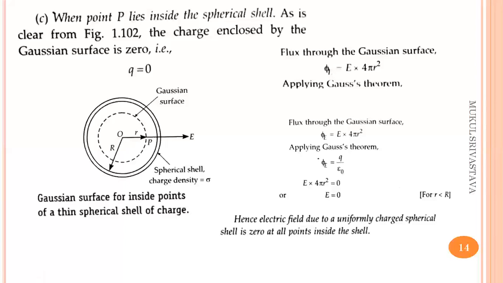As we know, within this spherical shell the charge enclosed by this Gaussian surface is 0. So Q equals 0 inside the spherical shell. We put Q equals 0 here, and ultimately we get E equals 0, which shows that the electric field due to a uniformly charged shell is 0 at all points inside the shell.